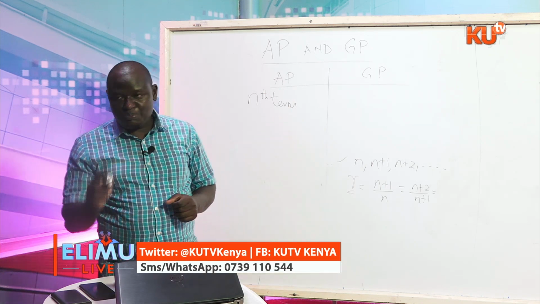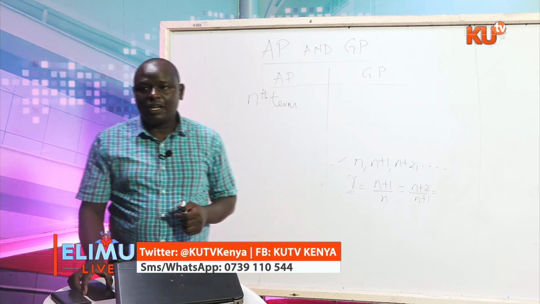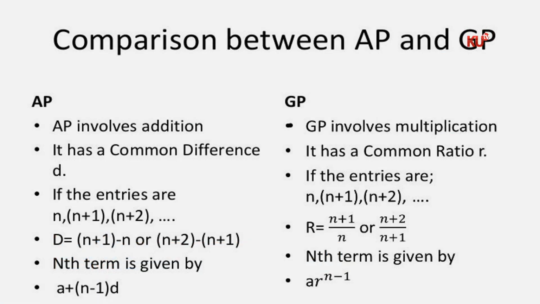The nth term in AP is given by, you have it on your screen, A plus n minus 1 into bracket D. This formula may not have been provided for you in a mathematical table, as we normally use it to refer, but it is combined in the sum. I'll explain as the lesson unfolds.